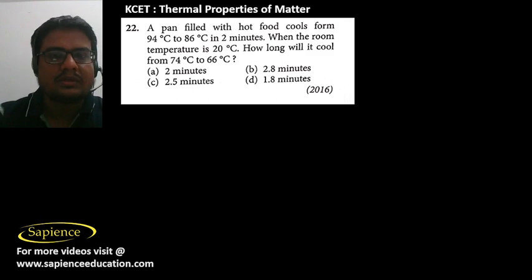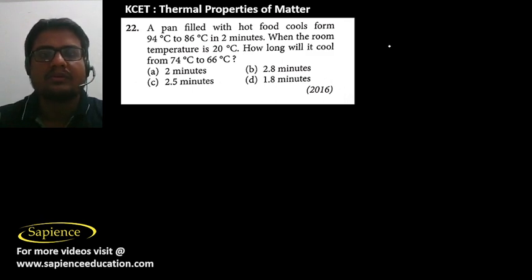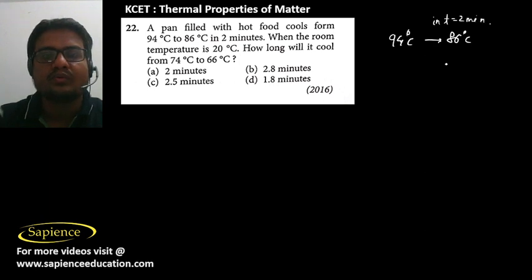Then here it is told, a pan filled with hot food cools from 94 degrees Celsius to 86 degrees Celsius in a time equal to 2 minutes, when the room temperature is 20 degrees Celsius. So it means the temperature of the surrounding, theta s, is 20 degrees Celsius. And how long will it take to cool down from 74 degrees Celsius to 66 degrees Celsius?